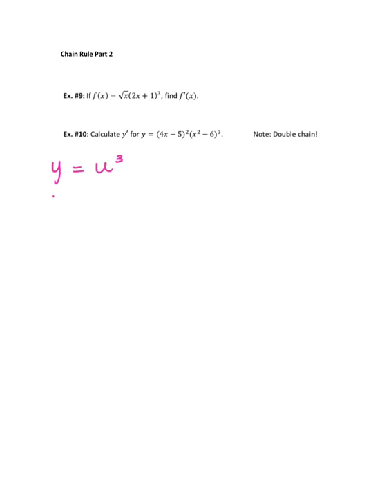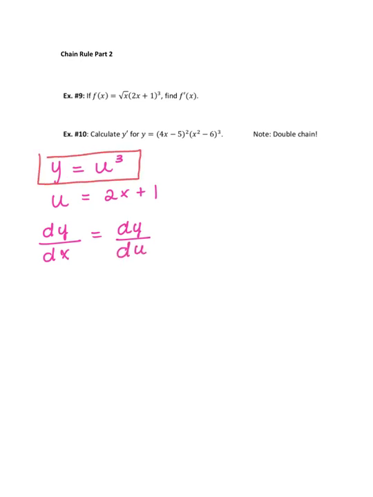My U, in that case, when I substitute later, would be 2x plus 1, right? And the chain rule says the derivative of any given composite function is the derivative of y with respect to u, which again is this part, times the derivative of u with respect to x, which again is this part.